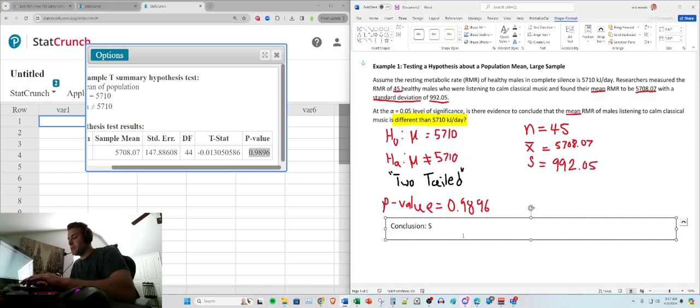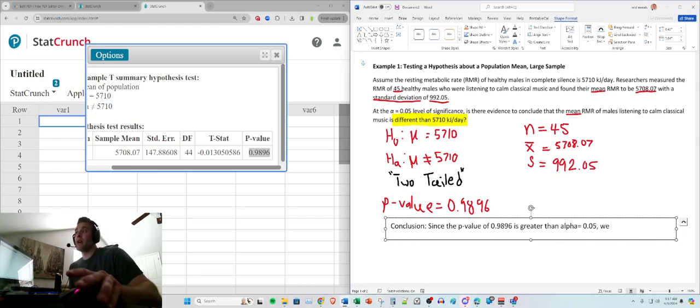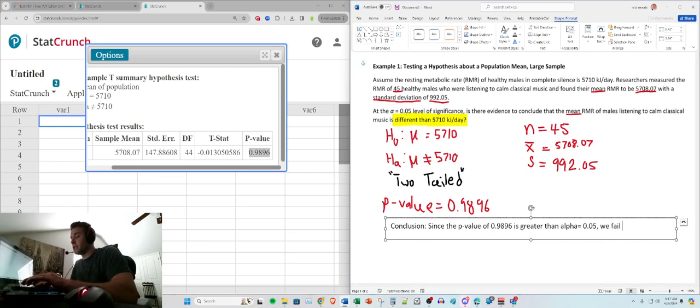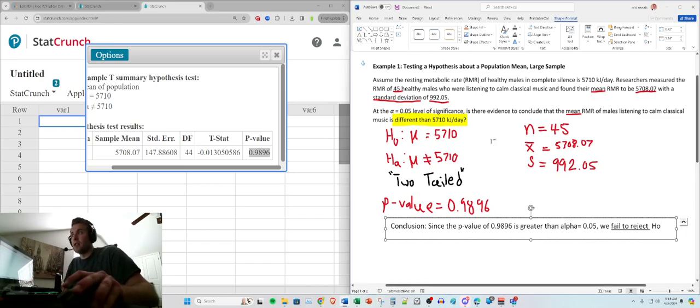The conclusion is, since the p-value of 0.9896 is greater than alpha equal to 0.05, since that's so high, it's greater than our significance level, we fail to reject. I'm going to underline that. Fail to reject H0, the null hypothesis.